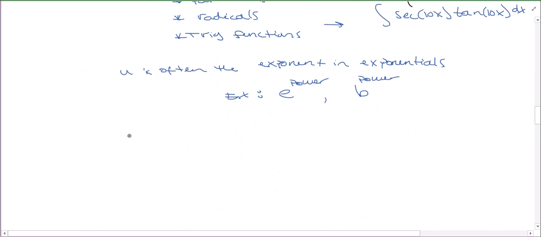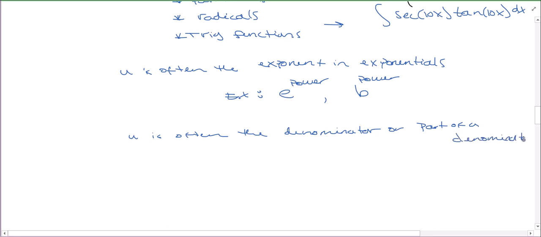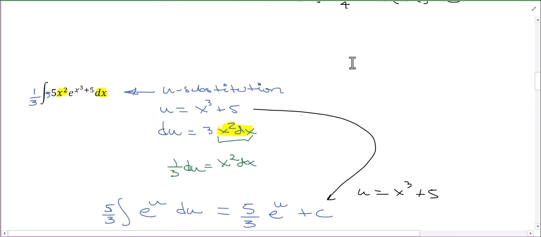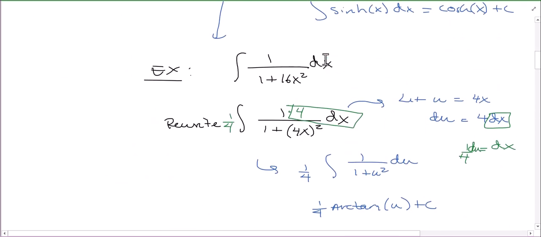And u is also often the denominator or part of the denominator. So like in that first example I did with the inverse tangent function, we had 1 over 1 plus 16x squared.